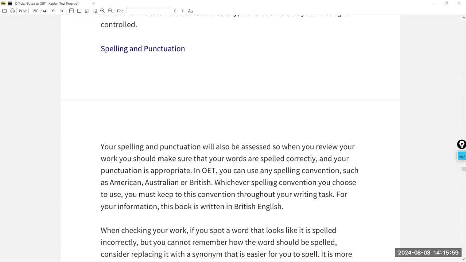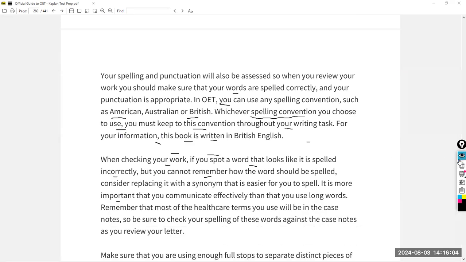Okay, so now about spelling and punctuation. So your spelling and punctuation will also be assessed. So when you review your work, you should make sure that your words are spelled correctly.